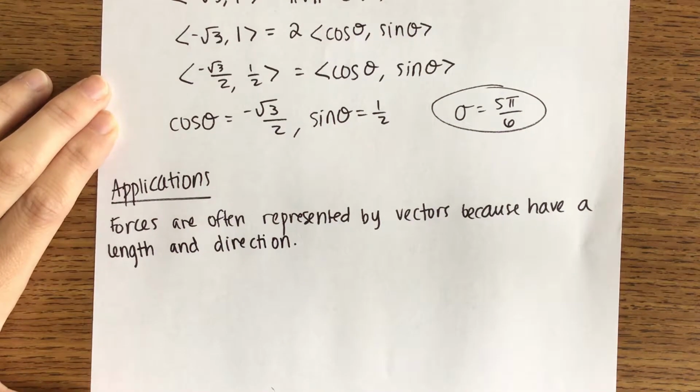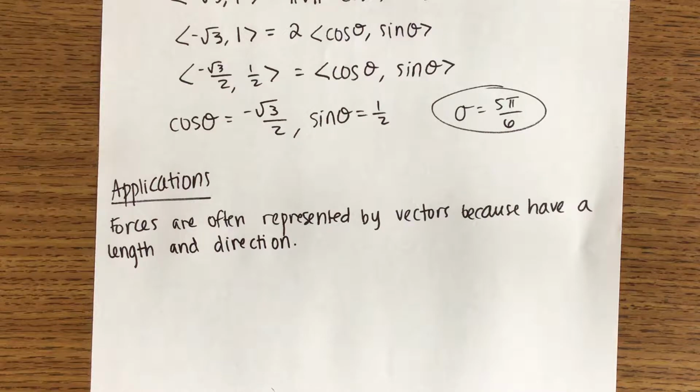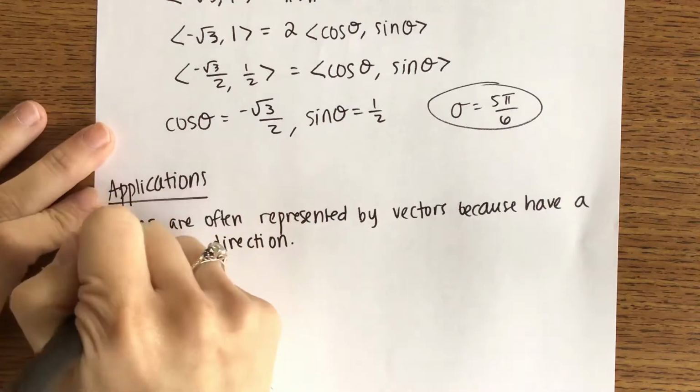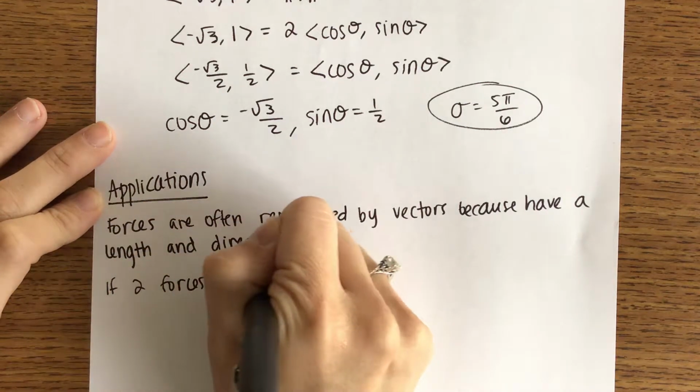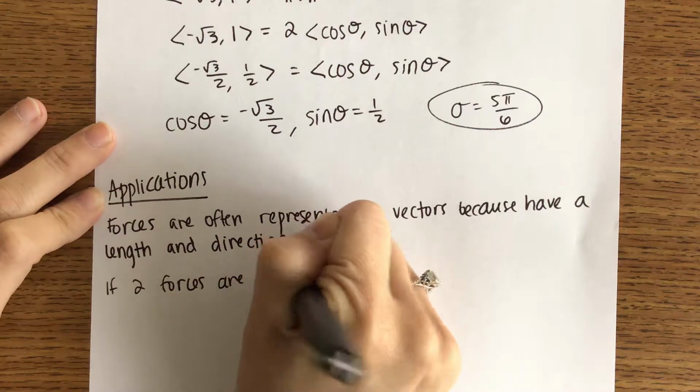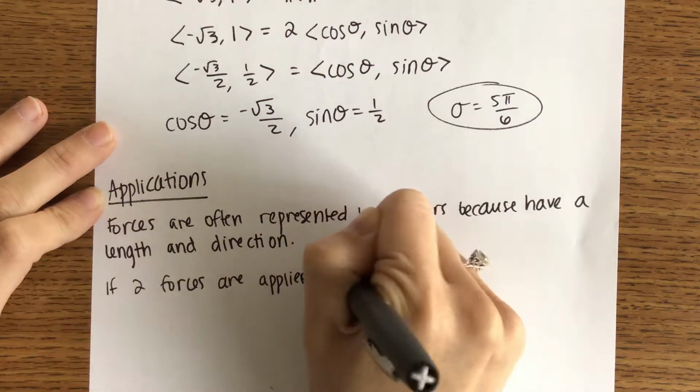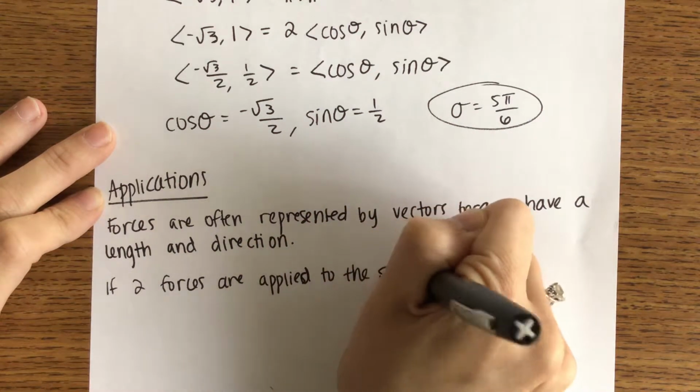What we're going to be talking about today is when you have two or more forces applied to the same point. So if two forces are applied to the same point, do you guys know what that's called?